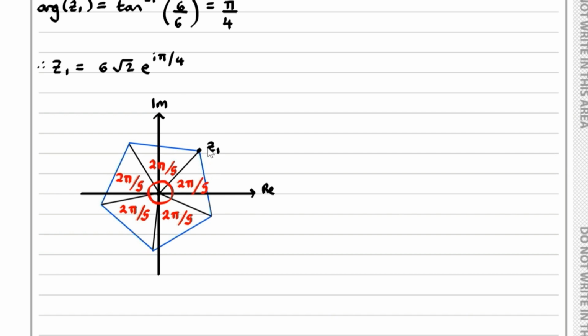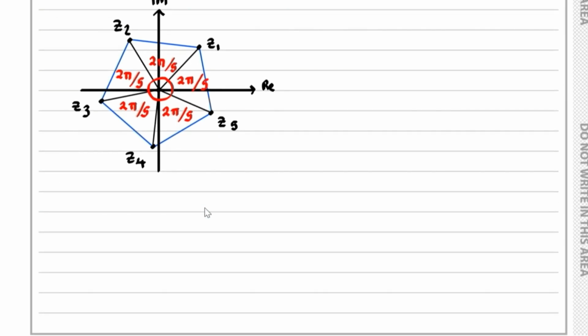And what we need to do is find z2, z3, z4, and also z5. That's what we need to do in this question. And they are 2 pi over 5 away from each other.